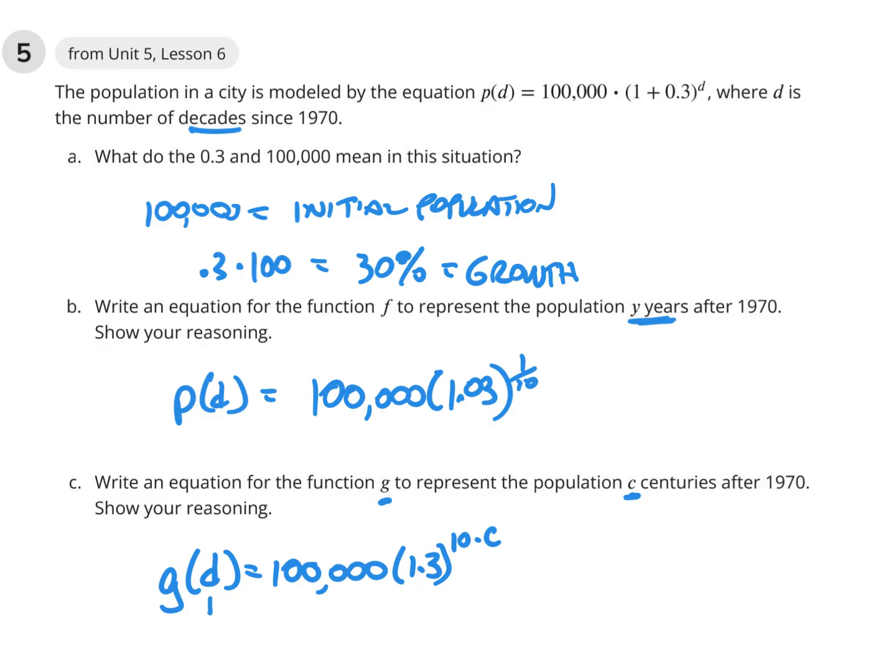I should have changed this to C because we're doing centuries now. And so when you go to calculate these, make sure you change the letters from D, C, or T into X in the calculator.